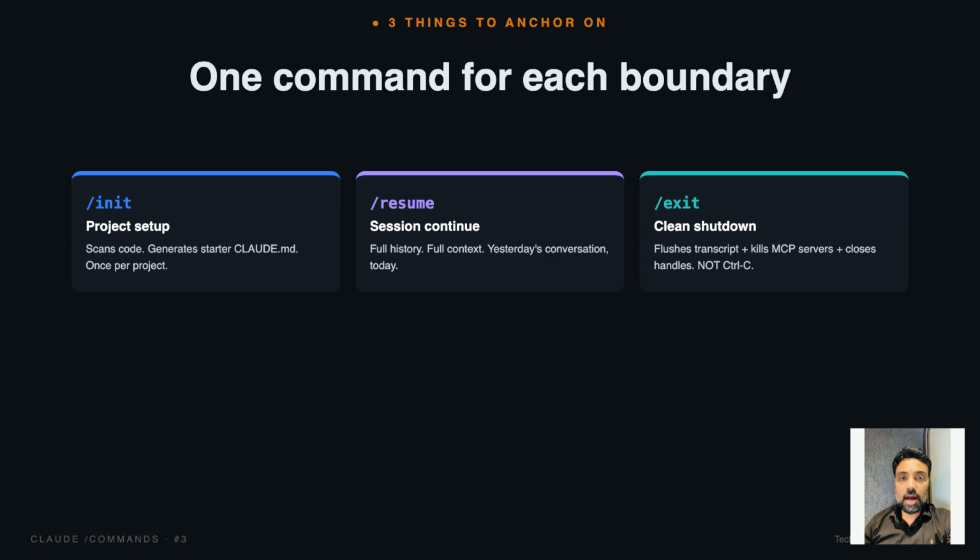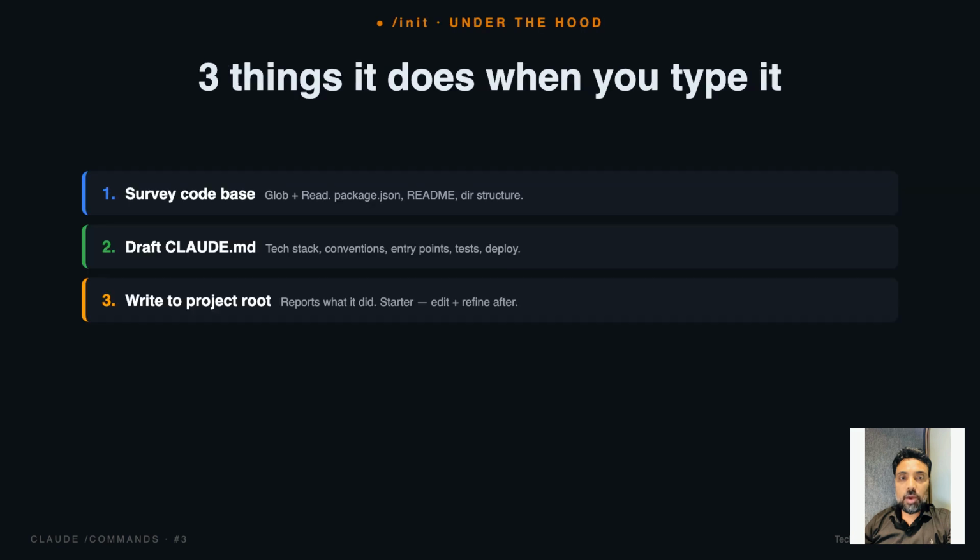Let me walk through /init in detail. When you type /init inside a new Claude Code session at the root of a project, Claude does 3 things. First, it uses the Glob and Read tools to survey your code base. It looks at your package.json, your README, your directory structure. It notices what languages you use, what frameworks you rely on, what conventions you follow.